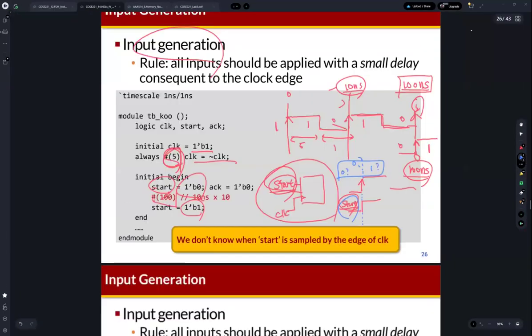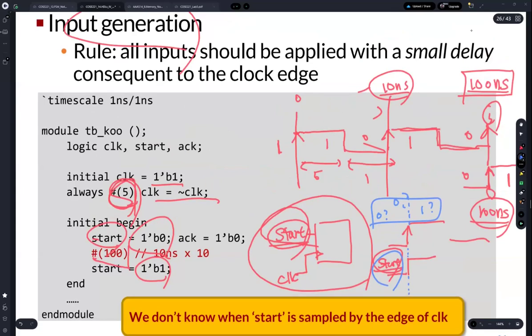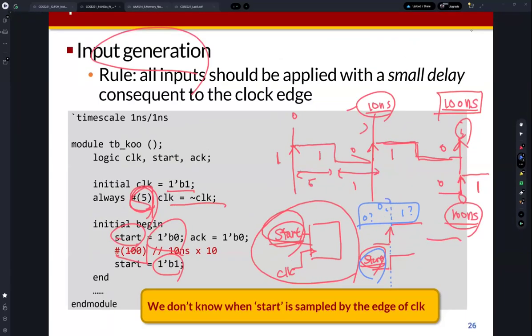If we generate the input signal inside of a test bench like this, so the input signal changes on the rising edge of the clock, then we don't know the actual value of this input signal sampled by this D flip-flop. So that's the problem, and we need to avoid this case.